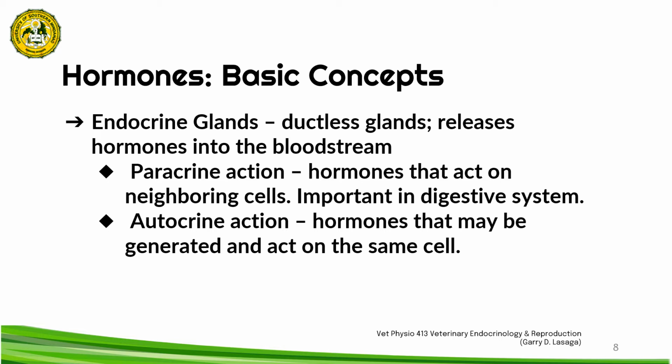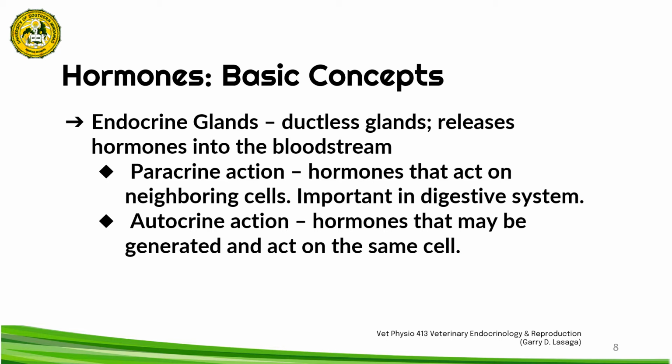Scattered among the secretory epithelial cells are the G cells, which are endocrine cells that synthesize and secrete the hormone gastrin. Being a hormone, gastrin is secreted into the blood, not into the lumen of the stomach.